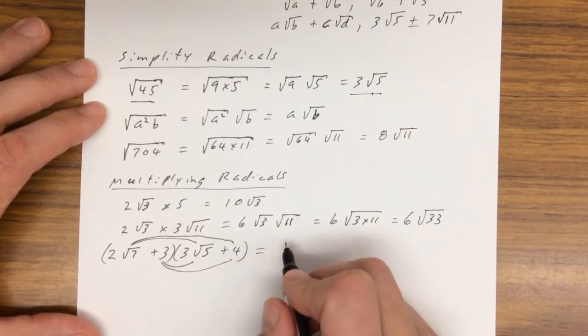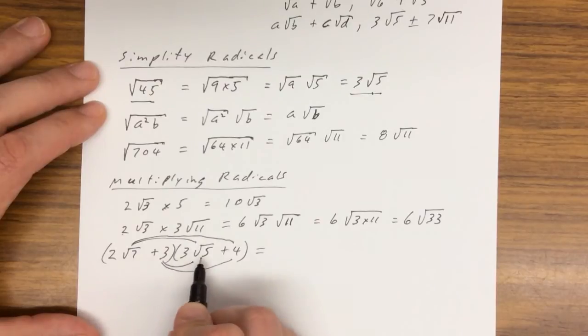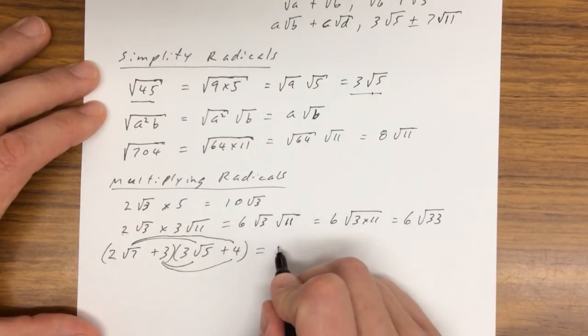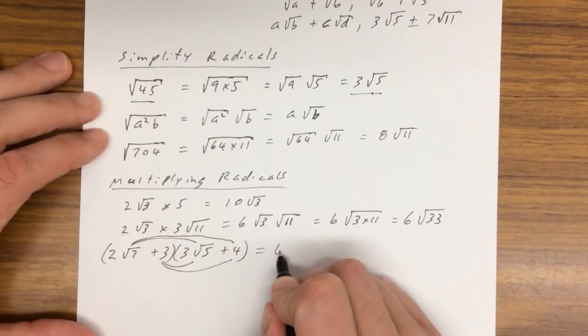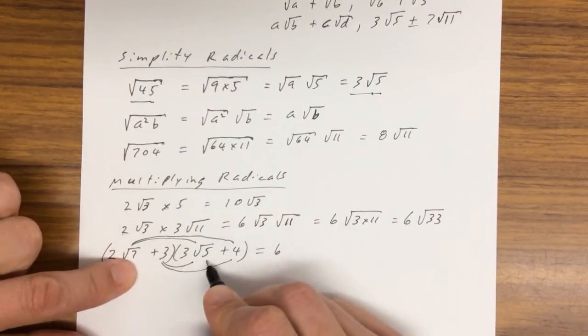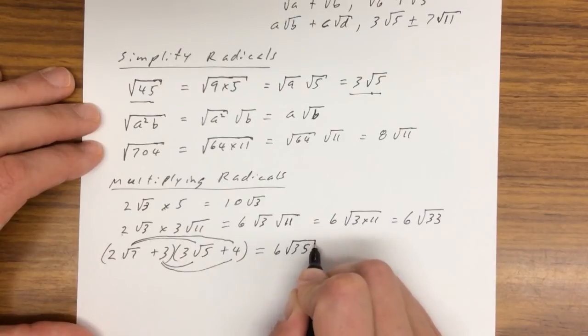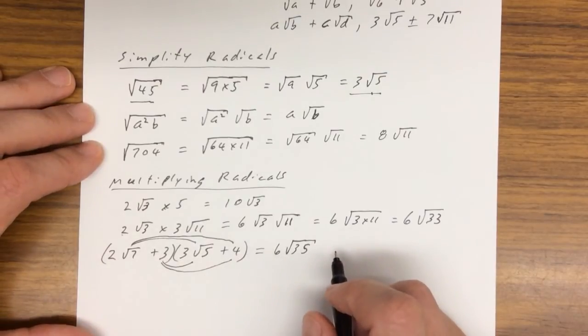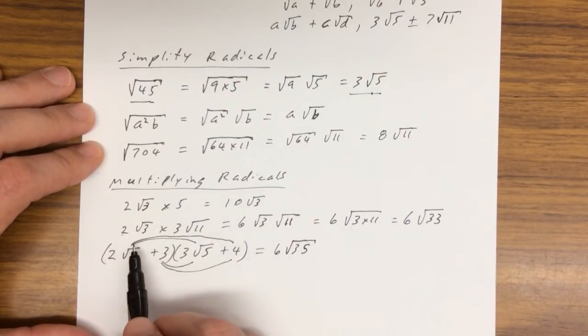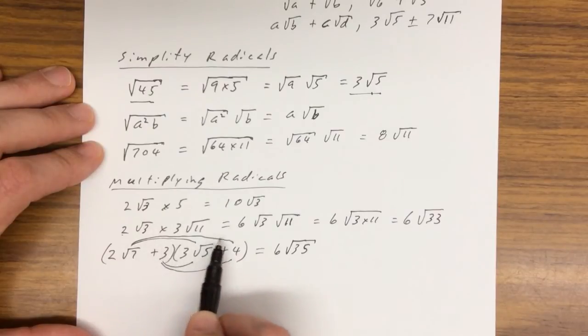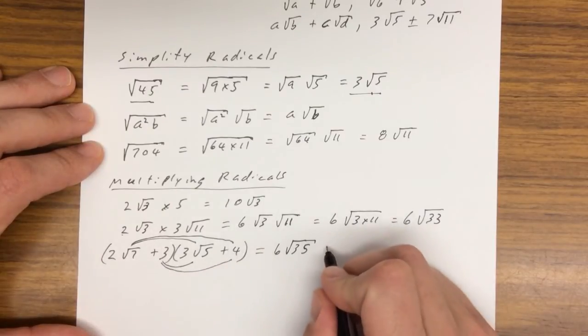Okay, so 2 root 7 times 3 root 5 is going to be, well, 2 times 3 is 6, and 7 times 5 is 35, so 6 root 35. Okay, and then we're going to do the outside, which is 2 root 7 times 4.